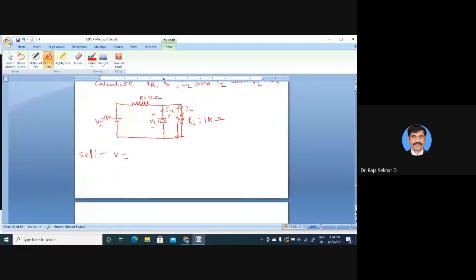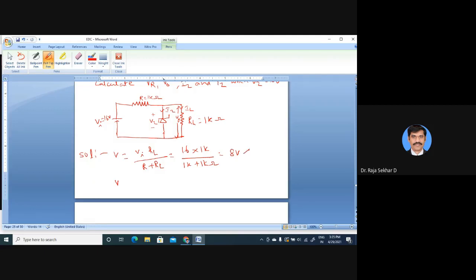So V is equal to 16 into 1 kilo ohm divided by 1 kilo ohm plus 1 kilo ohm, that is 8 volts. So here V is 8 volts.